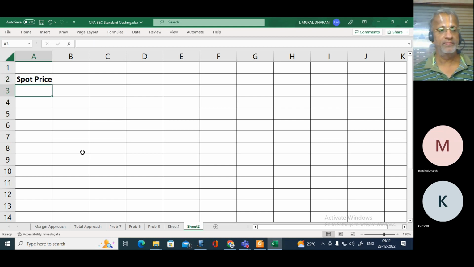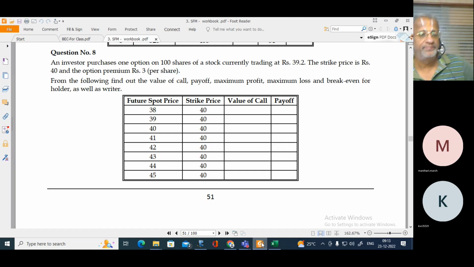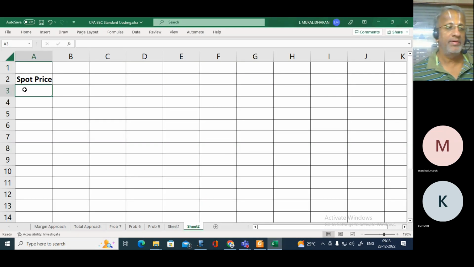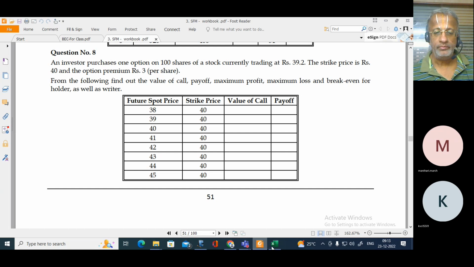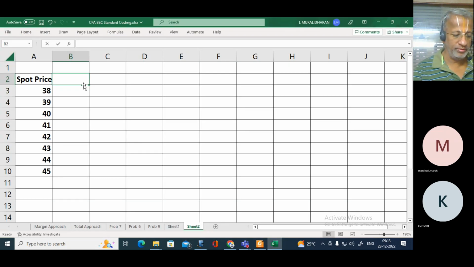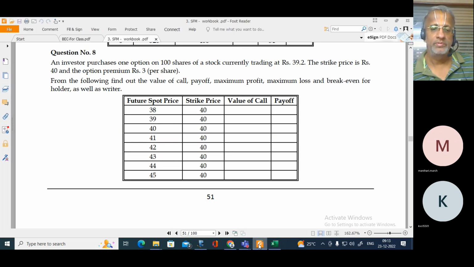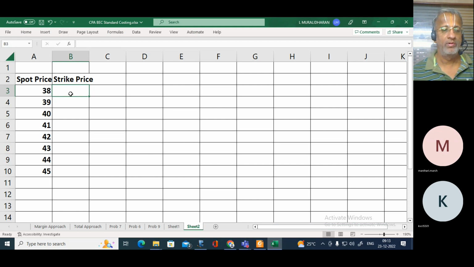Spot price starting with 38. Right. Strike price cannot be different, no? How much is that? 40.